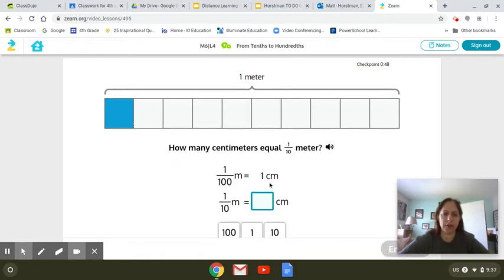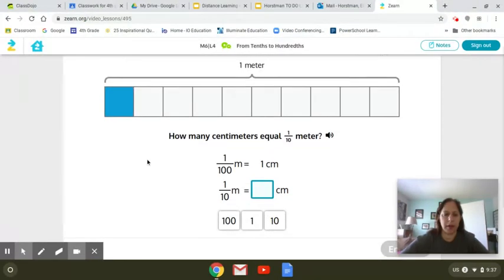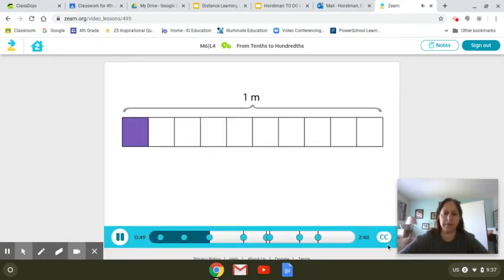How many centimeters would that be? 10 centimeters, because each one of these would be 10. How many do I need to get to 100? We know this whole thing is 100. So 100 divided by 10 would give me 10. 1/10 meter equals 10 centimeters.